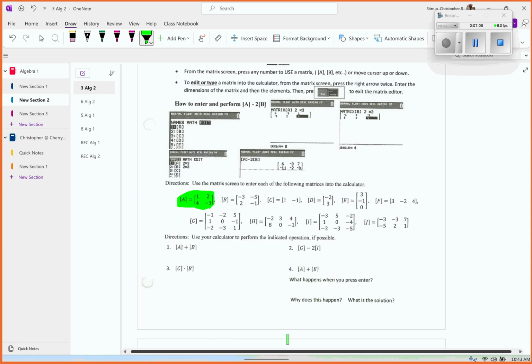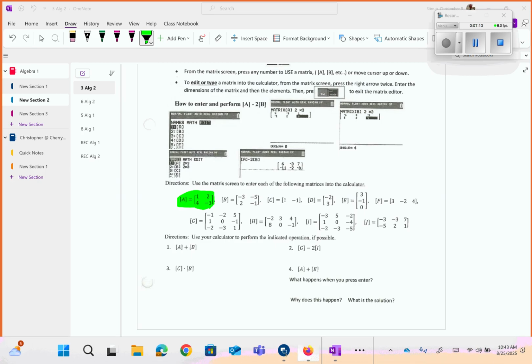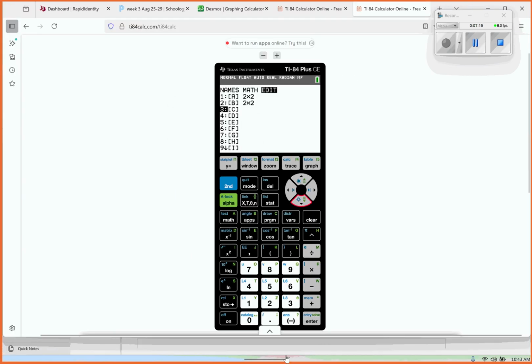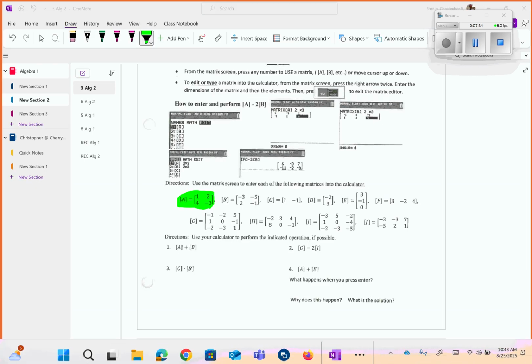Agree? So I have a 1 by 2. And that matrix C was 1 and -1, I think. Is that right? Making sense? And then quit out of that.